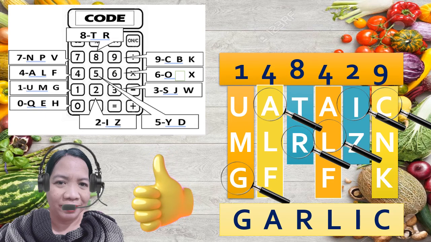Number 4, we have ALF. For number 8, we have TR. Number 4, again, we have ALF. Number 2, we have IZ. And number 9, we have C and K. Then look for the possible word you can form out of these letters decoded. So the word is garlic.